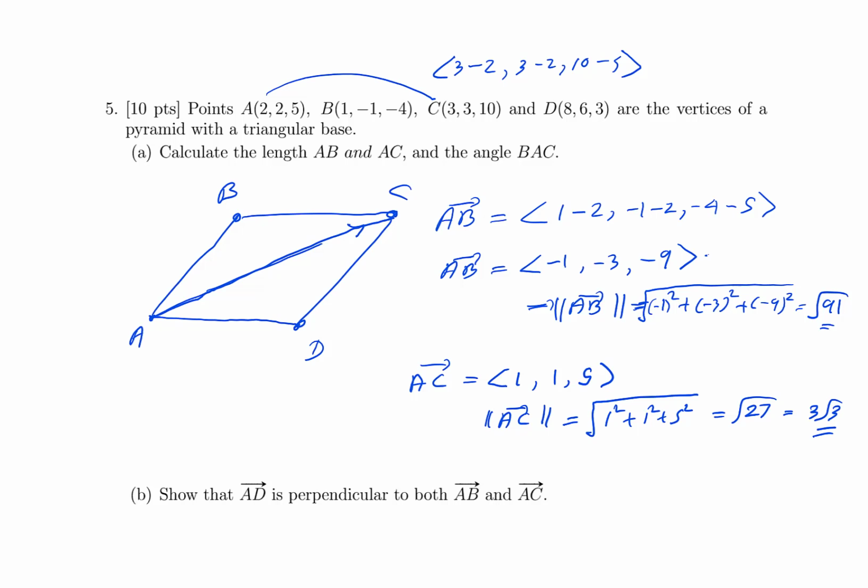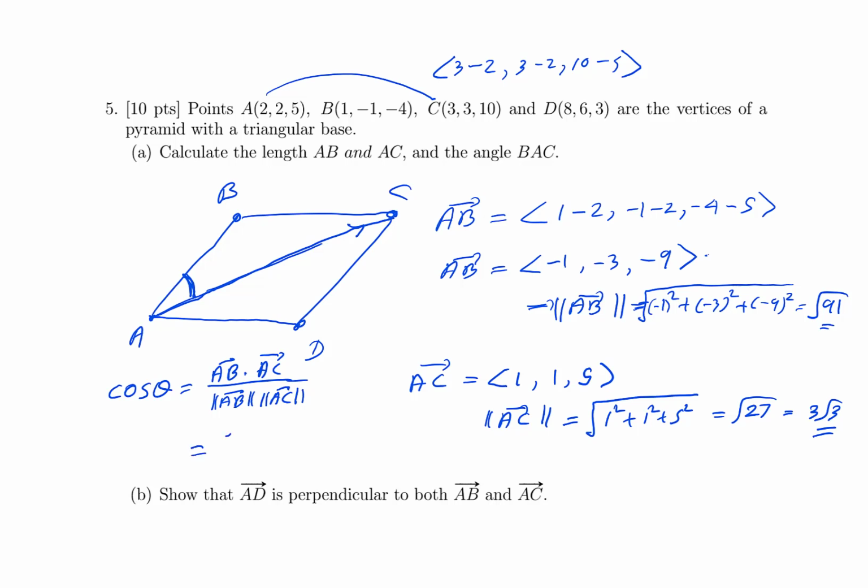Then it asks for the angle BAC. Angle BAC means this angle. So we know AB and AC, therefore we can use cosine theta. As I explained before, cosine theta is AB dot AC divided by the lengths of AB and AC. So we need to find AB dot AC, which you can find as I explained before.